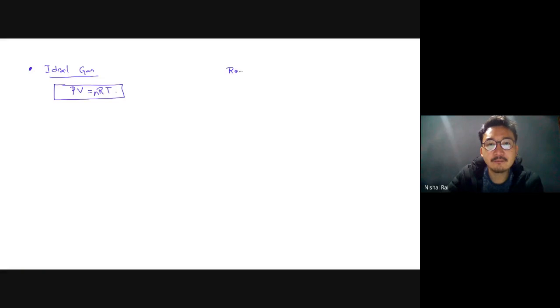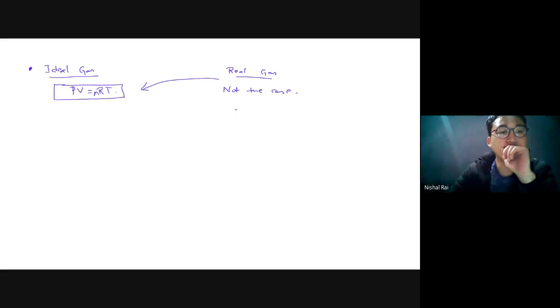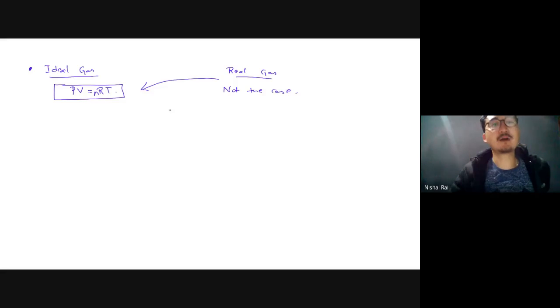For a real gas, this is not the case. Only in a particular regime does it follow the ideal gas equation, but otherwise a real gas does not behave as told by the ideal gas equation. So what did Van der Waals do? He made some corrections. Do you all remember pressure correction and volume correction?